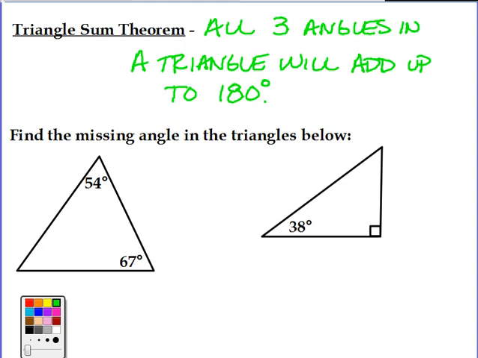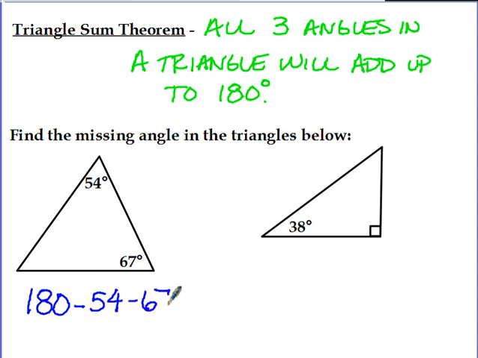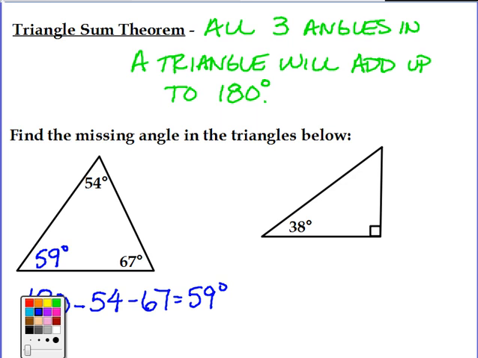So when I have these two triangles down here, if I want to find this missing angle, I'll show you two different ways to plug this into your calculator, but you can just take 180 and subtract both angles. And when you subtract both angles, for this one, you would get 59 degrees. So that's what this angle is going to be there. Or, if you don't like that method, here I know this is 90 degrees.